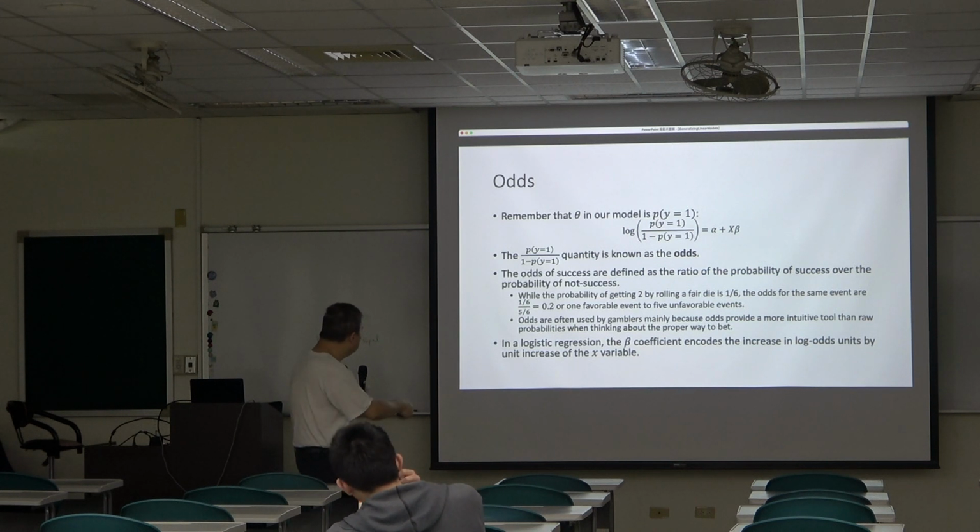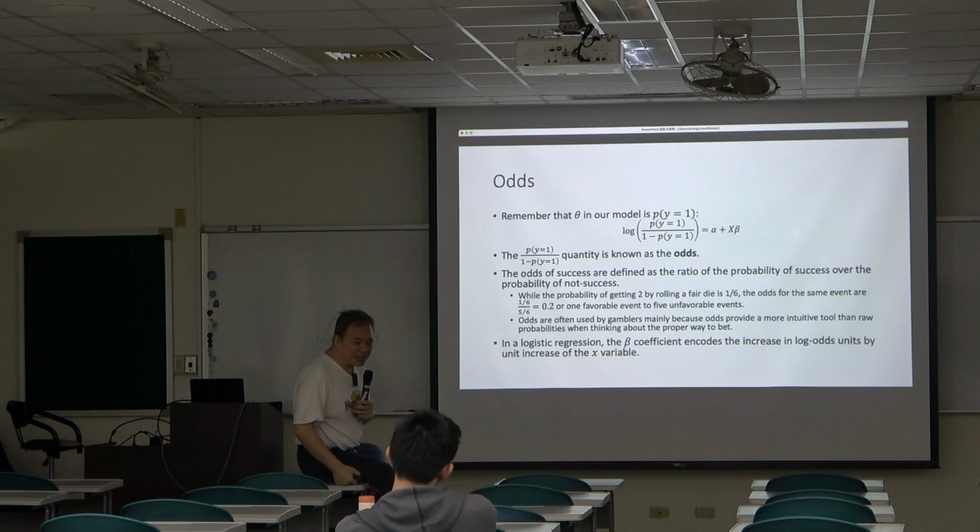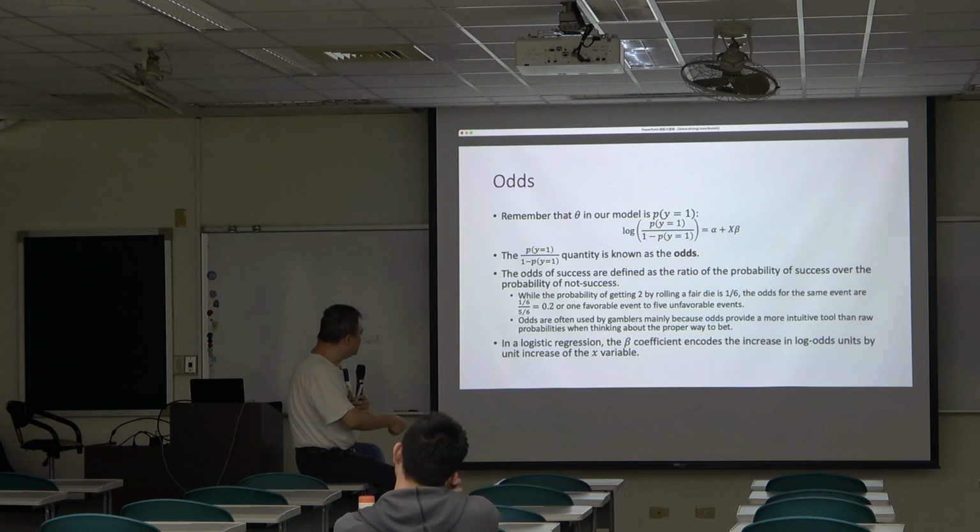If you divide these two amounts, you get 0.2. That's the odds, or one favorable event to 5 unfavorable events. If you like to go to a casino or somewhere, odds is a very convenient way to calculate the chance of winning, and it is used very often. But other than gambling situations, it actually doesn't get used that often.